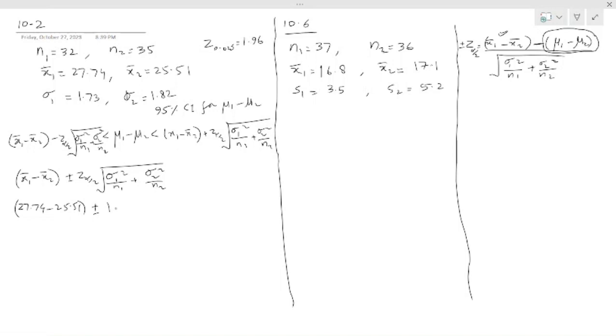So we substitute 1.96 here, and I would highlight a common error made by students that you are not supposed to make in the exam: missing out the square on sigma 1. So don't forget to square 1.73 and 1.82.